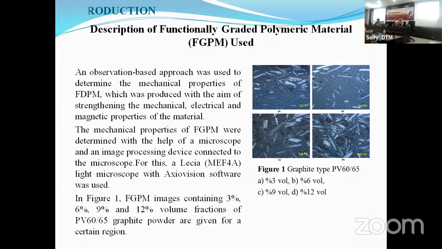This is how functionally graded polymeric materials are manufactured. Briefly, firstly we take a centrifugal casting machine that rotates around its axis, and we pour in the melted first layer and then a second layer, so we can get, for example, a hollow part.